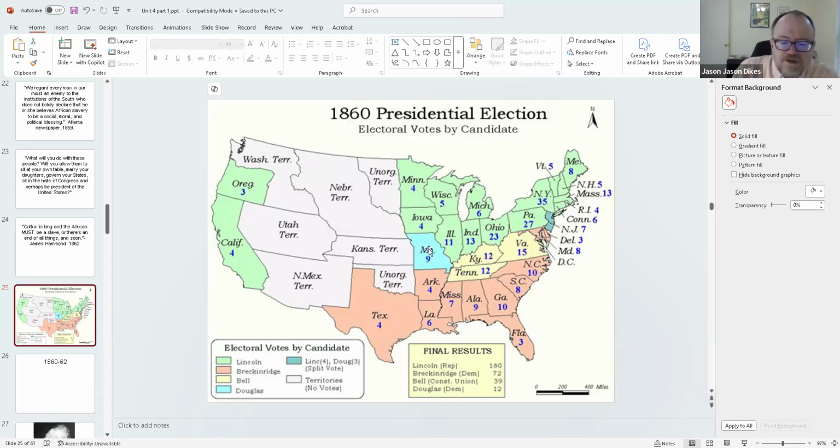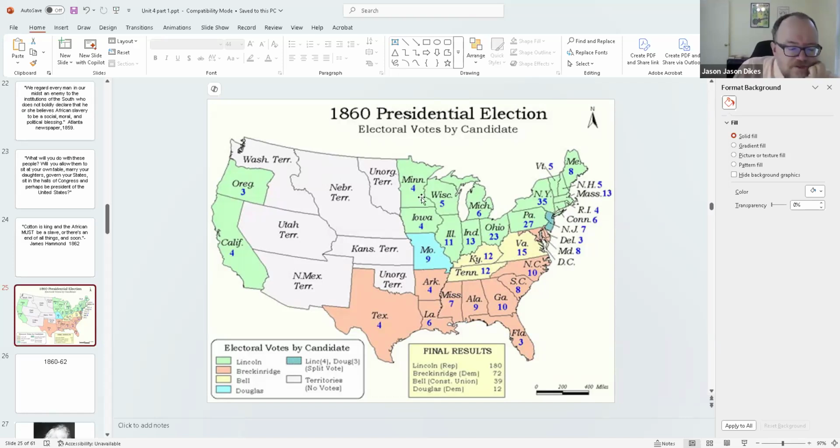So Douglas winning that one state, the four other states going heavy for John Bell, the solid South going for Breckinridge, Connecticut, New Jersey splits its votes, and then the rest.